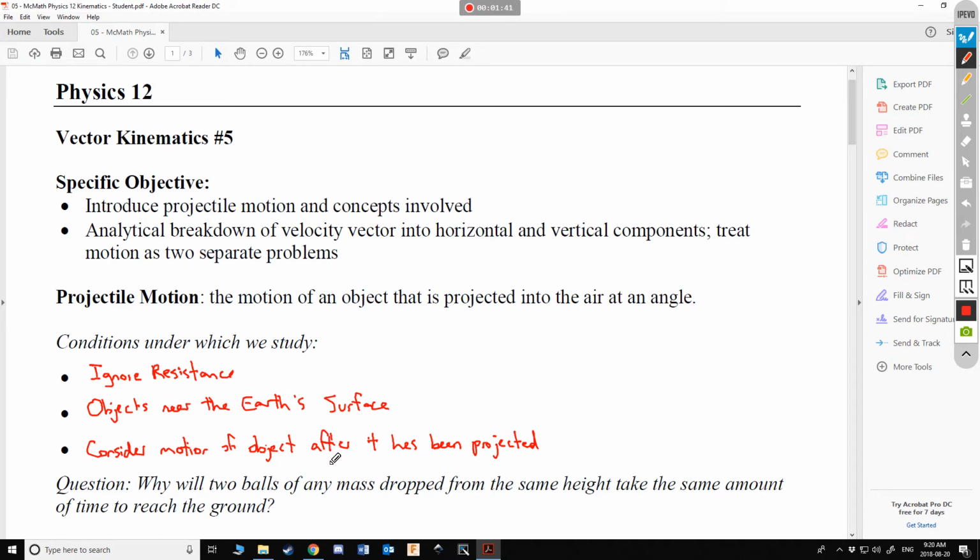So what we mean by that is that we've already applied some impulse during the acceleration part. Imagine like throwing a ball. When you're throwing a ball, you first have to accelerate the ball from rest, and then after you release it, the ball will then travel through the air. So we're only looking at the time from when the ball is released to the time the ball or the object hits some surface.